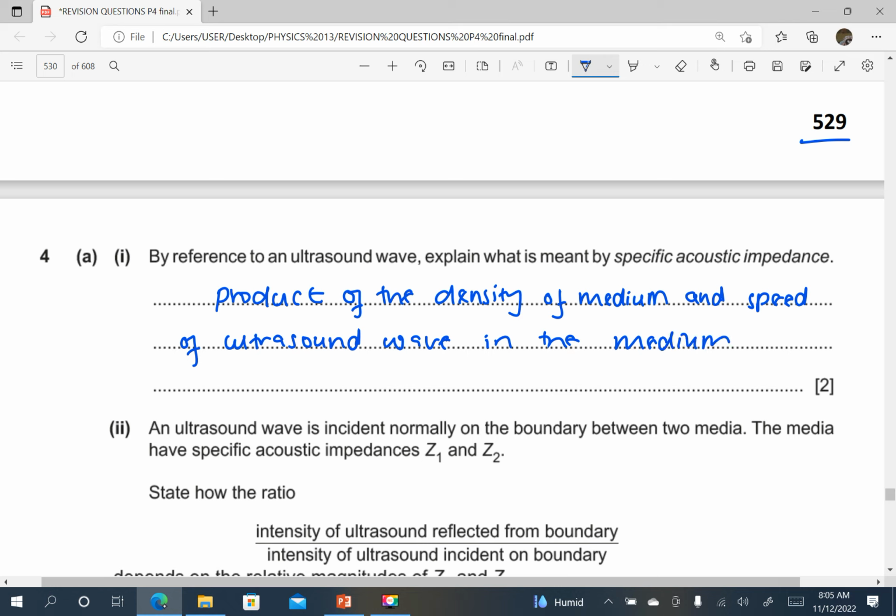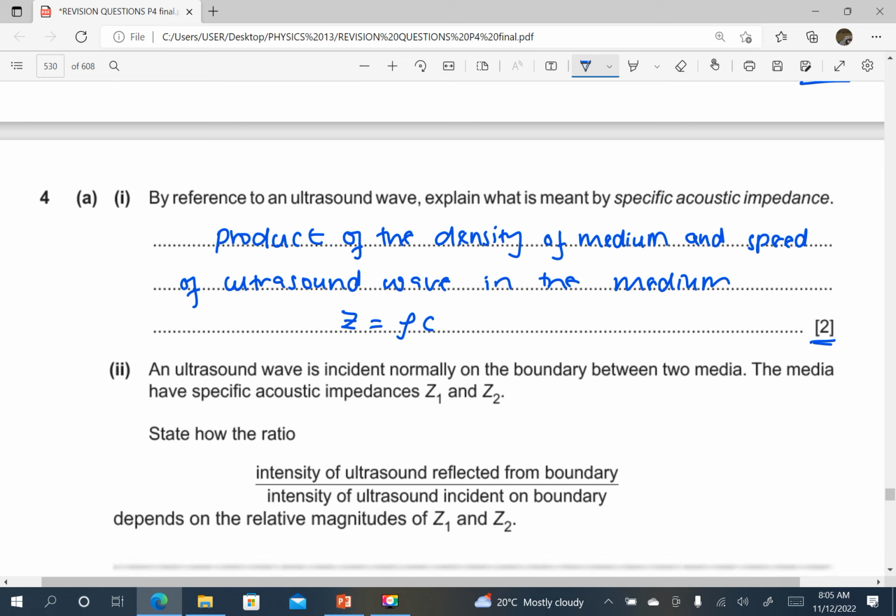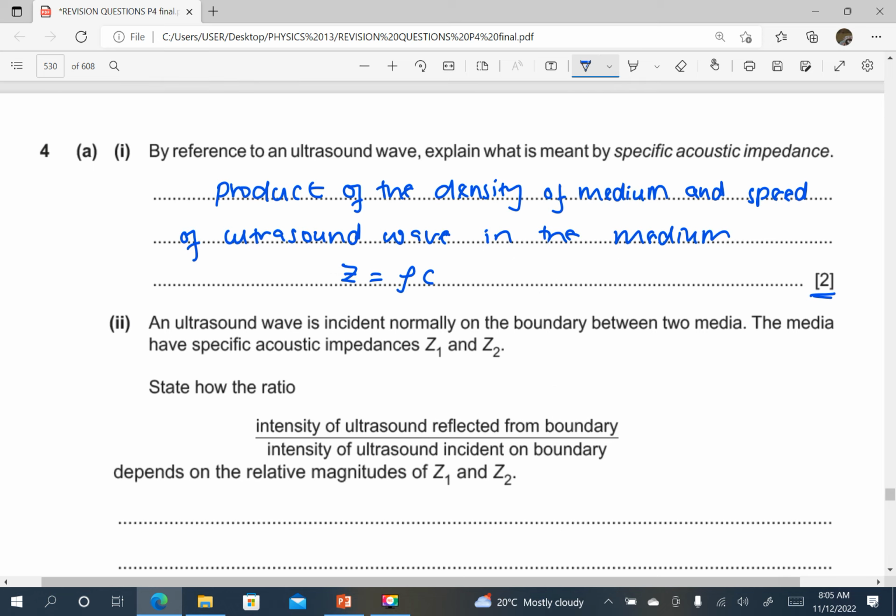So if next time they assign 3 marks, you can even add acoustic impedance Z is equal to the density times c. That is the acoustic impedance, the product of the density of the medium and the speed of the ultrasound wave in the medium.